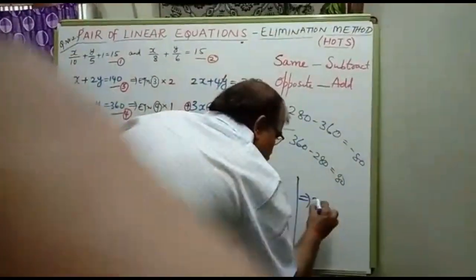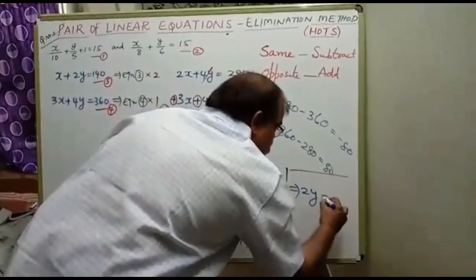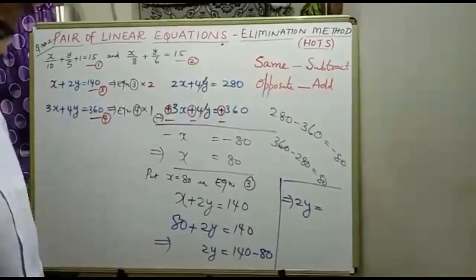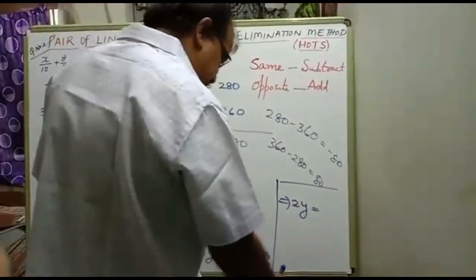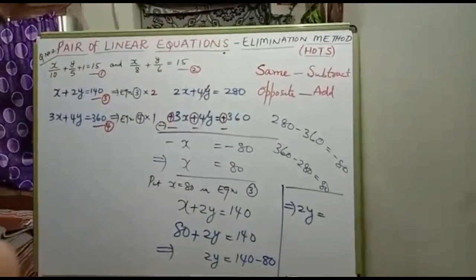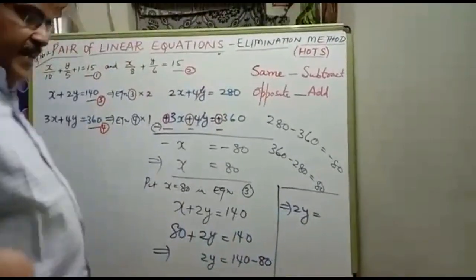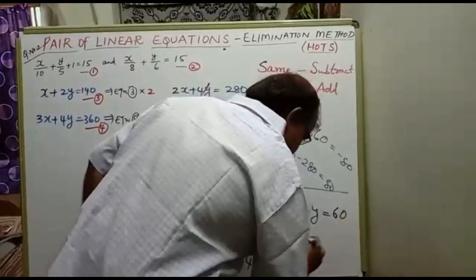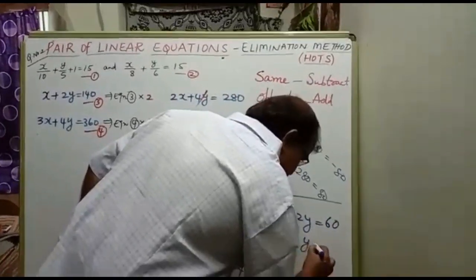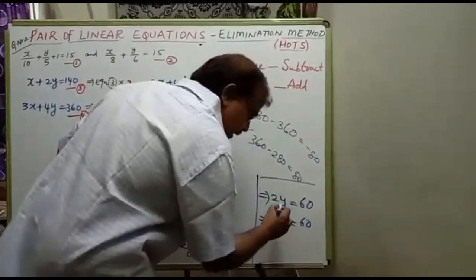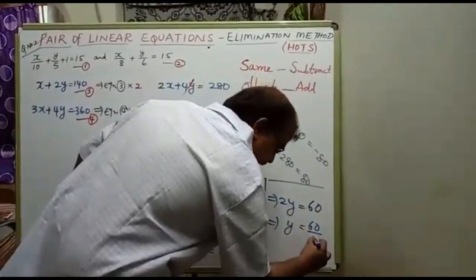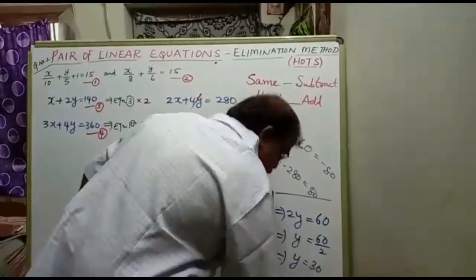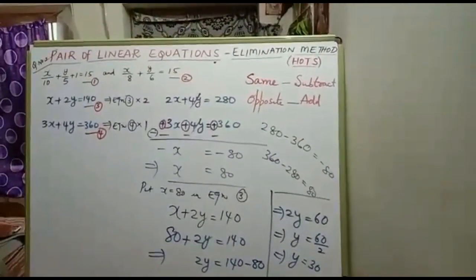That implies 2y is equal to 140 minus 80. What is 140 minus 80? It is 60. That implies y is equal to 60 divided by 2, so y is equal to 30.